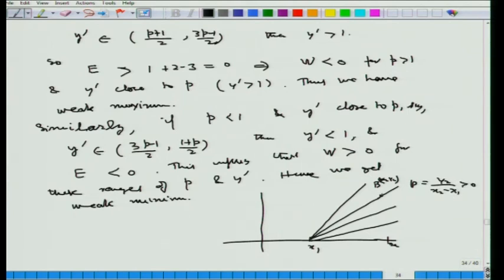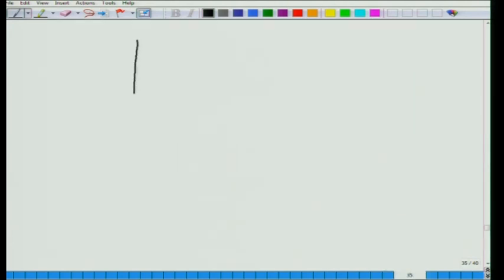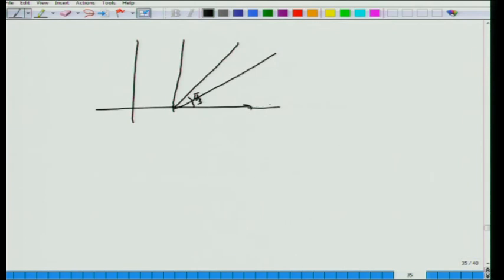Here we see the situation with pi by 3 and then pi by 4.